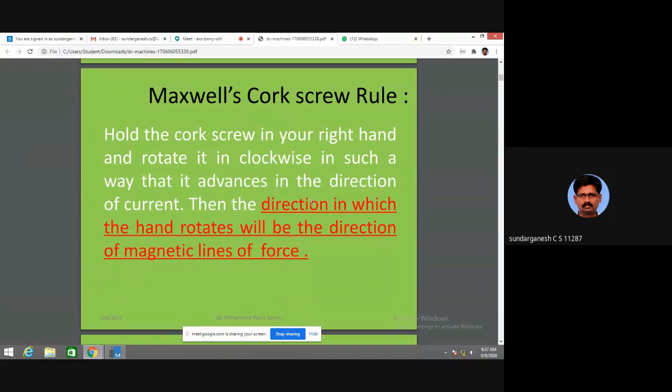You have to hold the corkscrew in your right hand and rotate in a clockwise direction. The screw will advance in the direction of the current, and the direction in which the hand rotates will be the direction of the magnetic lines of force. So I am holding the corkscrew in the right hand and rotating it clockwise, which means it will go deeper, it will move inside.